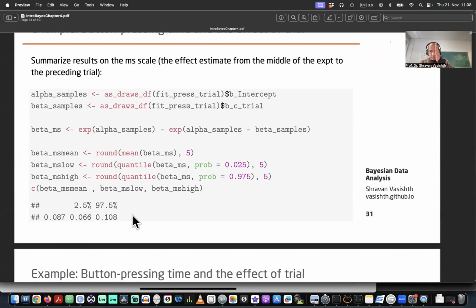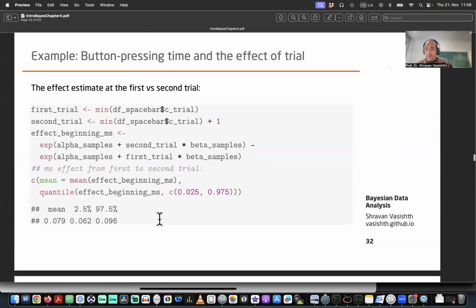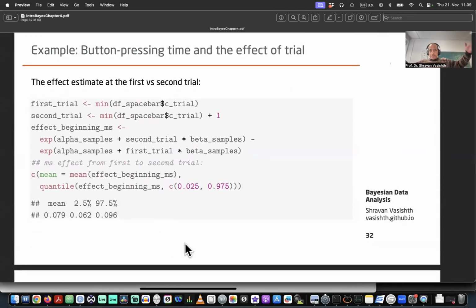We are always talking with reference to the center trial ID, that is the average trial ID, and we want to know what happens when we go from the trial ID preceding the center trial ID to the center trial ID. That's what we're getting here, right? But we could do the same calculation for any location in the experiment. So we could look at the effect estimate in the first versus the second trial. You can do that, no problem, right?